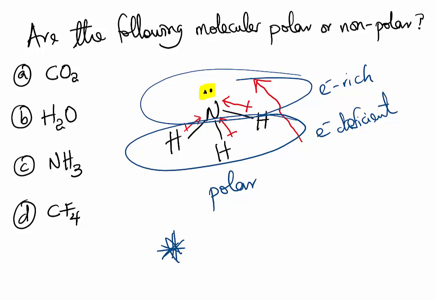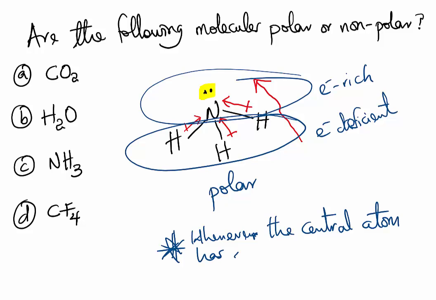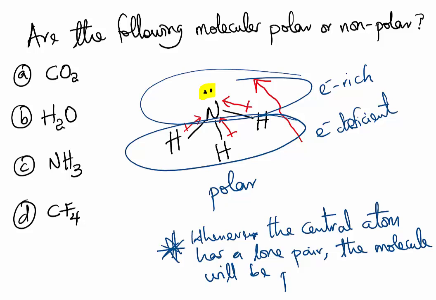Whenever you have a lone pair on the central atom, the molecule will be polar. Whenever the central atom has a lone pair, the molecule will be polar.